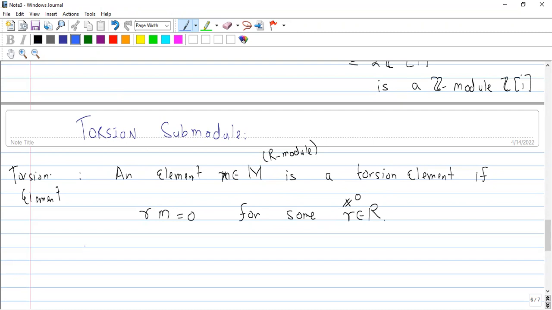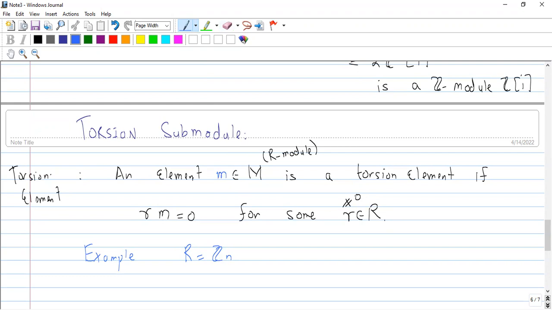Again, we can see this concept with the help of an example. Let's say R is equal to Z. An element m of M is a torsion element if r times m is equal to 0 for some r.